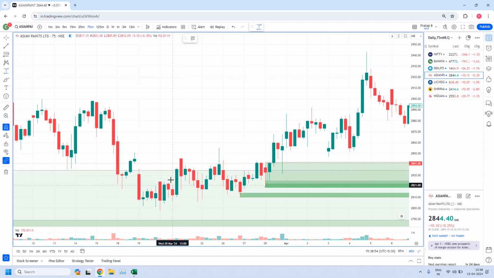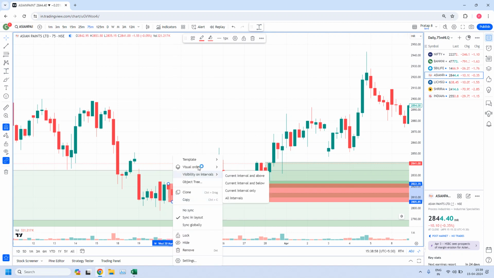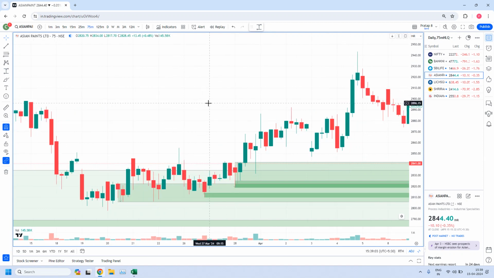Let me draw the 75-minute zone here. Let me change the color. Rally, base, rally is a 75-minute zone. And this 75-minute zone is overlapped with another high liquidity 75-minute zone: drop, 2 base candles and rally.